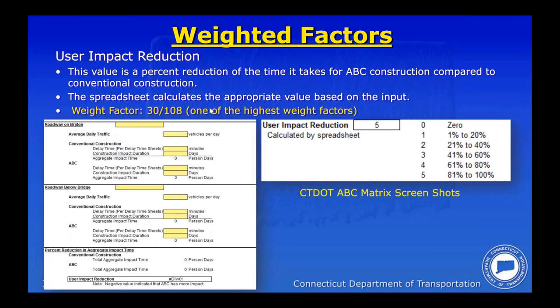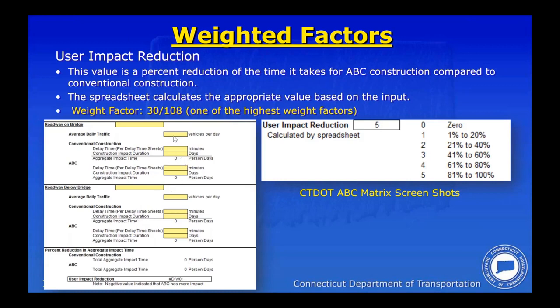This is part of the first sheet in the decision matrix. It compares user impact for ABC and conventional for traffic on the bridge and also traffic under the bridge. If there's traffic under the bridge, that would be impacted by bridge construction.